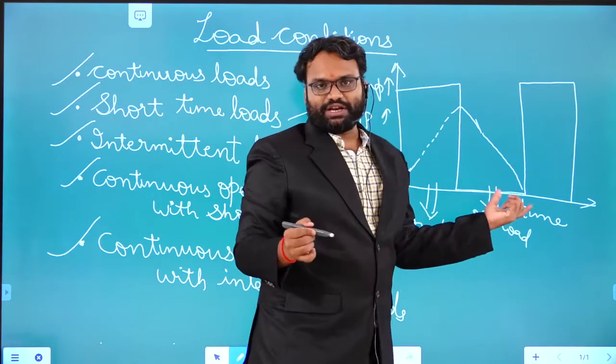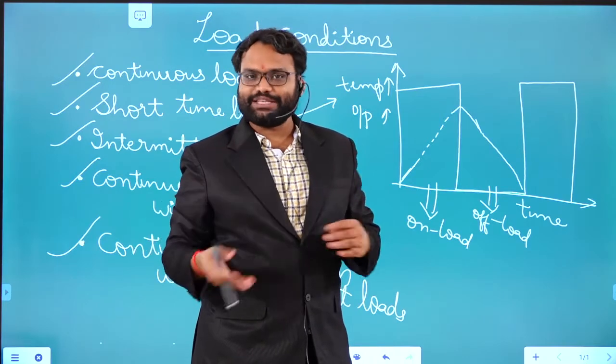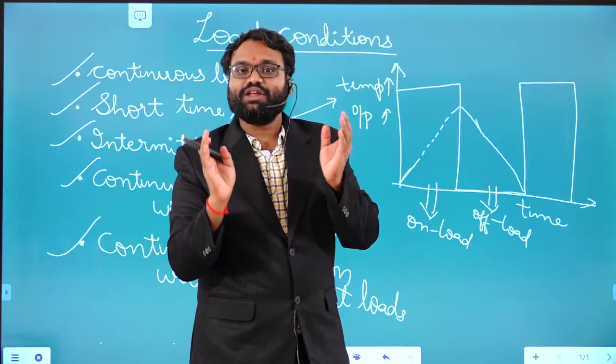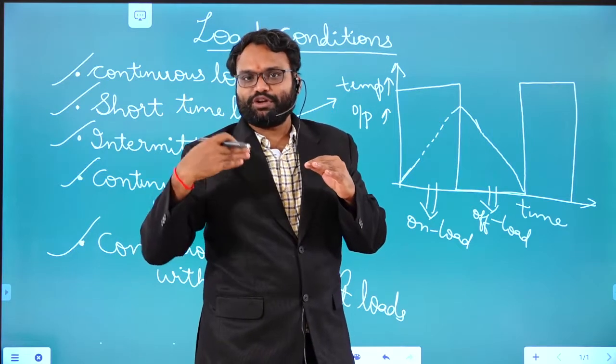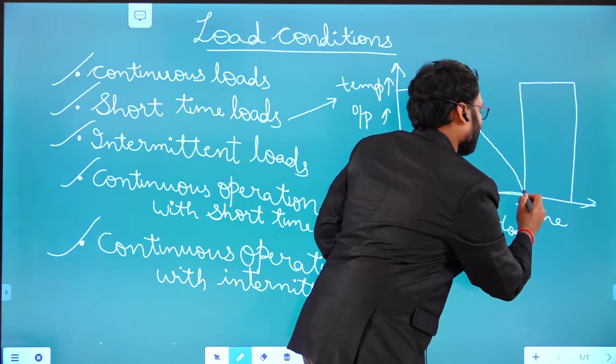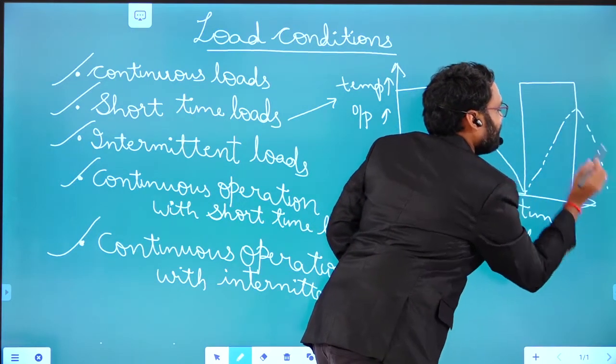So there is no loading condition. The motor can dissipate whatever amount of heat has built up. That is why we are providing sufficient time for the motor to dissipate the stored heat, and the temperature falls to 0. Again, when the load is on, the temperature rises, and again it decreases.